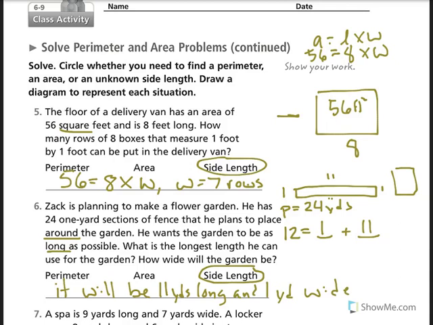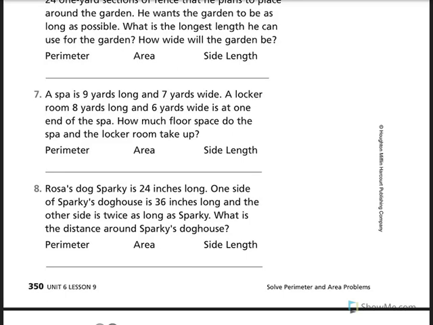Okay, let's try the next one. A spa is 9 yards long and 7 yards wide. So we have our 2 dimensions here, 9 and 7, length and width. Ooh, a locker room is 8 yards long and 6 yards wide at one end of the spa.